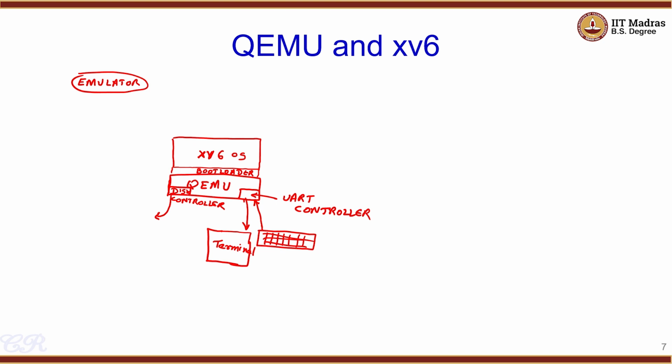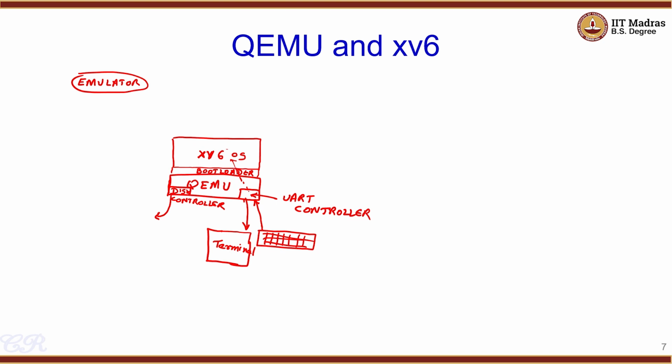So, what we are going to have over here is that through a simple terminal which we can run, we could send data into the xv6 OS through QEMU's UART emulator, the UART controller, which is then read by the device driver in the xv6 OS, and then processed.